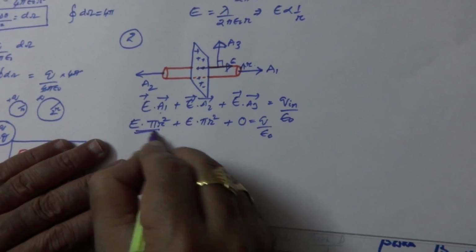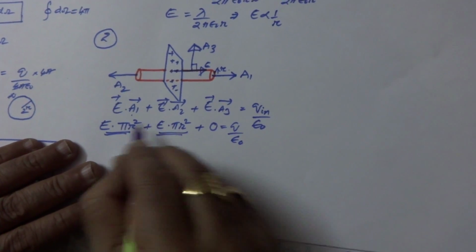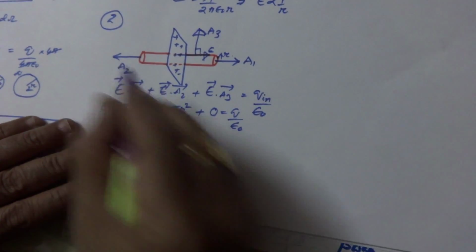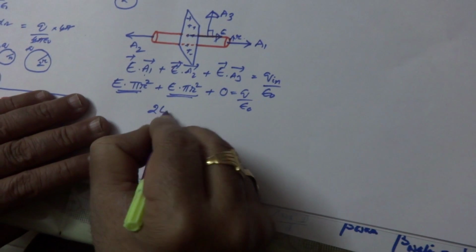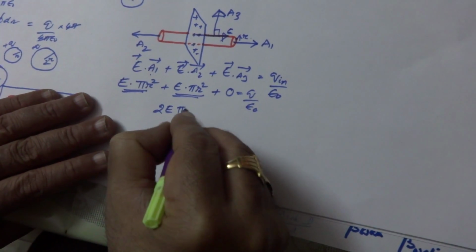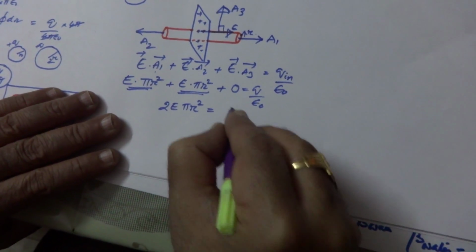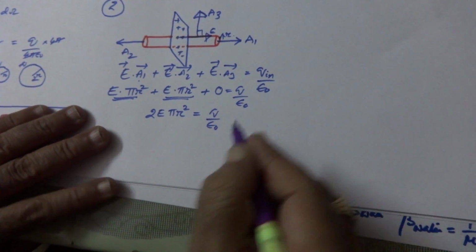Remember, these two are to be added because both are outward flux only. So 2E times pi r square is equal to Q by epsilon 0.